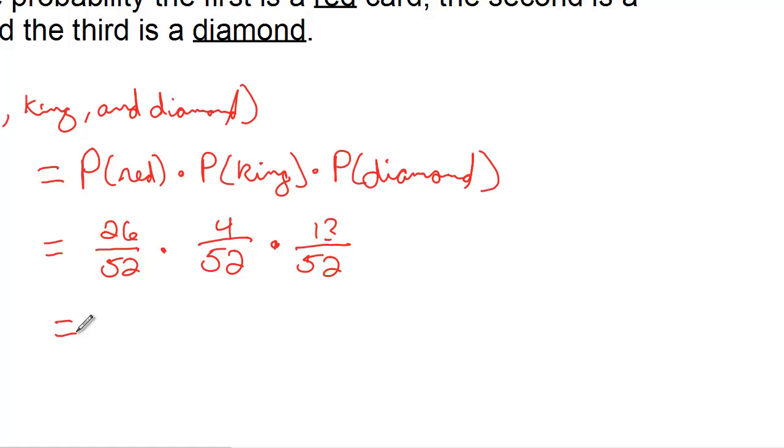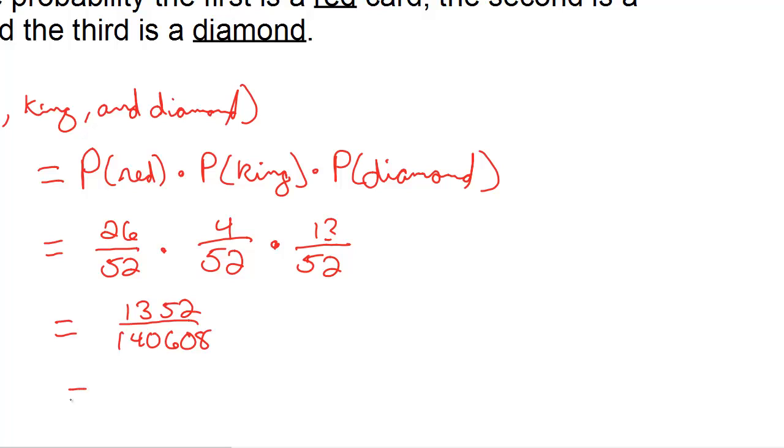So when we multiply this, 26 times 4 times 13, I get 1,352, and when I multiply 52 times 52 times 52, I get 140,608. Now those are some large numbers to try to simplify. If I wanted to, I could simplify those.